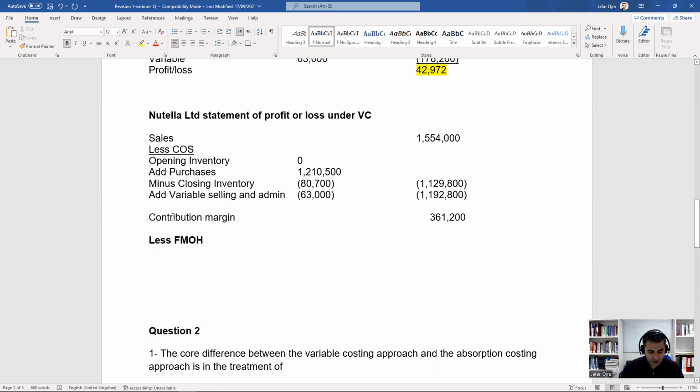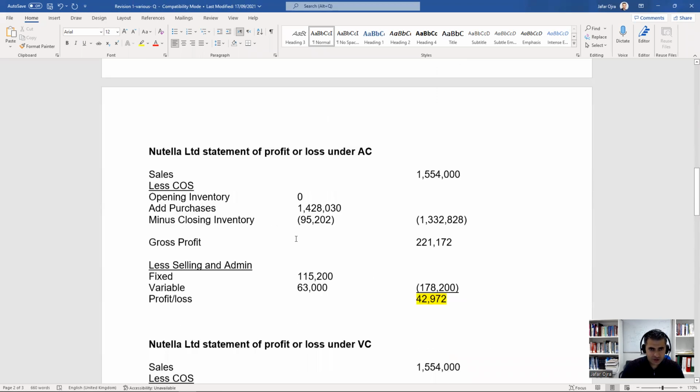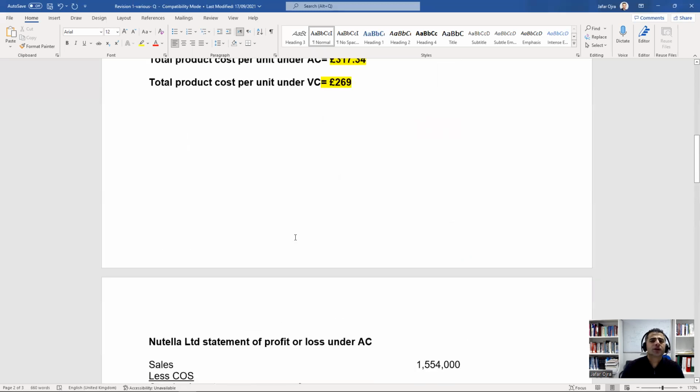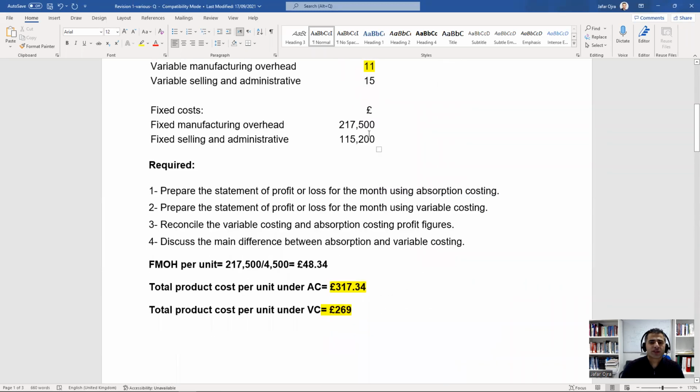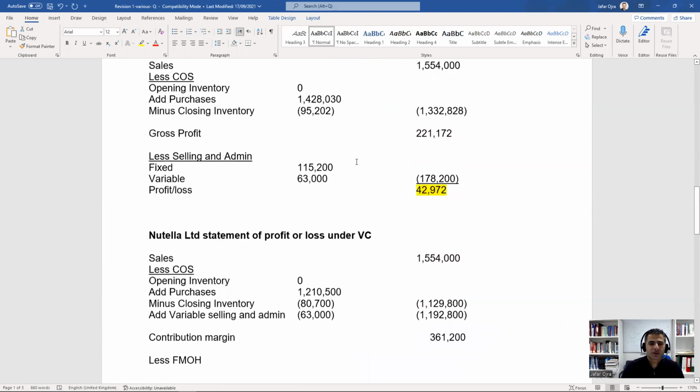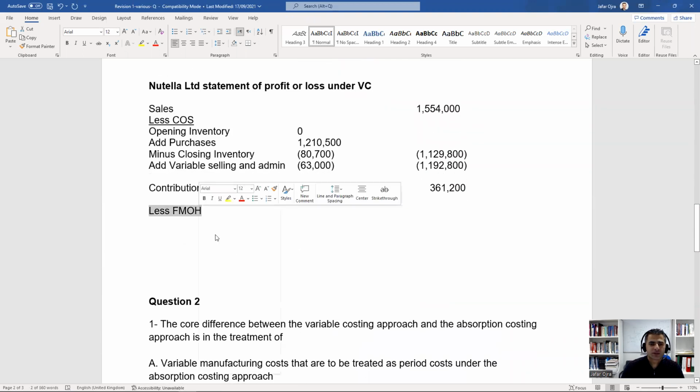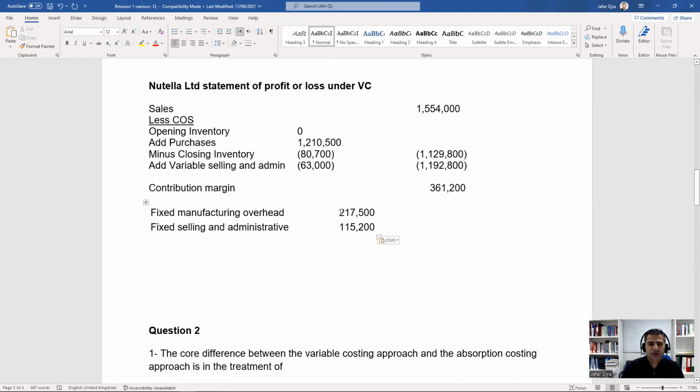How much is it? That's 217,500. Here we go. If you copy and paste them and write them here, that should be fine. These two, yeah, that's it. As I mentioned, you tidy up. This is just an explanation, a demonstration.